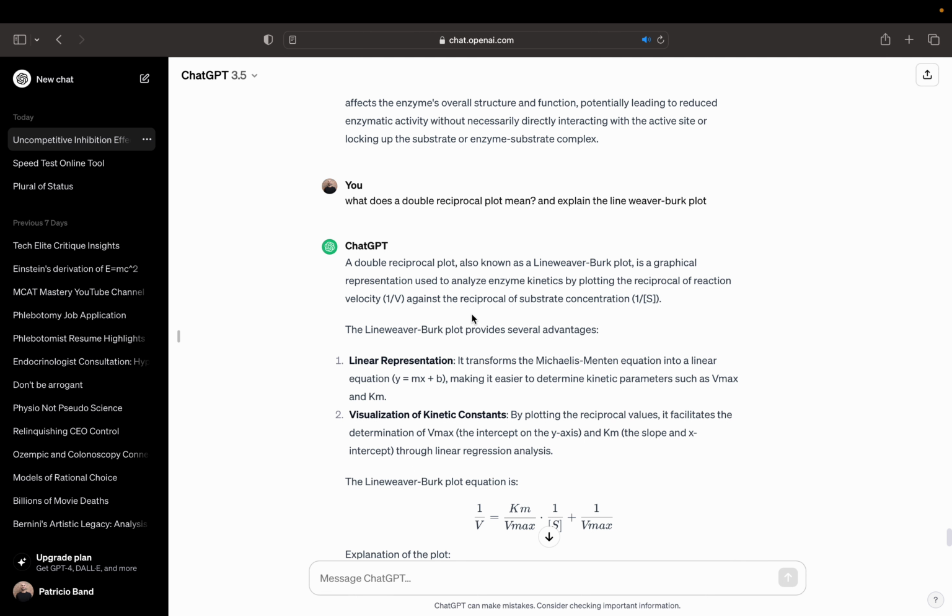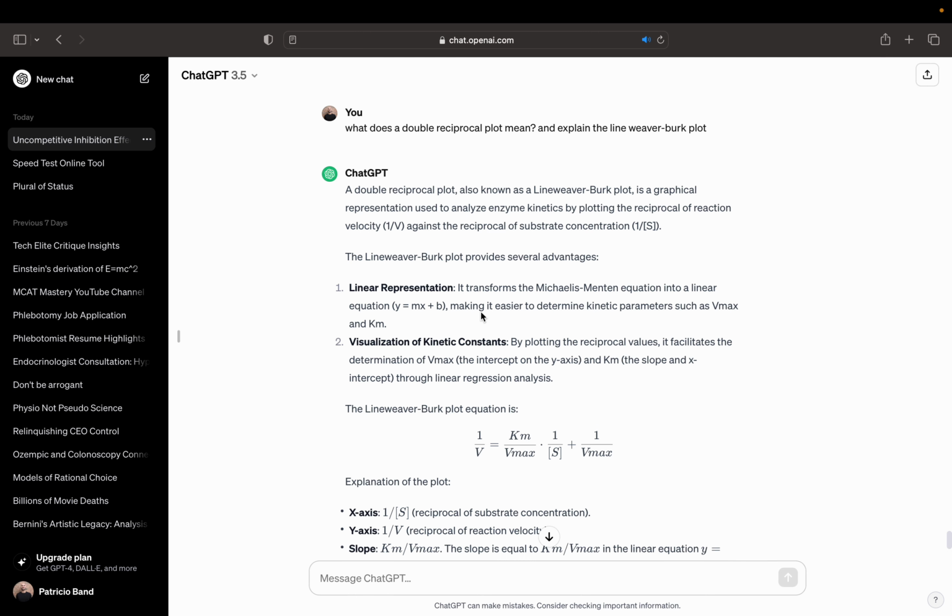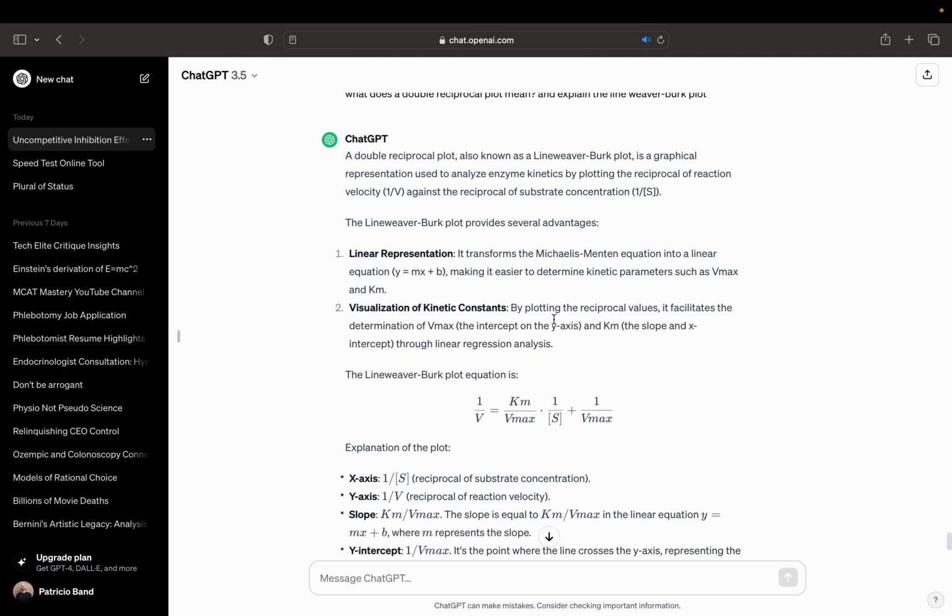So the Lineweaver-Burke plot provides several advantages. Linear representation: it transforms the Michaelis-Menten equation into a linear equation, making it easier to determine kinetic parameters such as Vmax and Km. By plotting the reciprocal values, it facilitates the determination of Vmax, the intercept on the y-axis, and Km, the slope and x-intercept, through linear regression analysis.